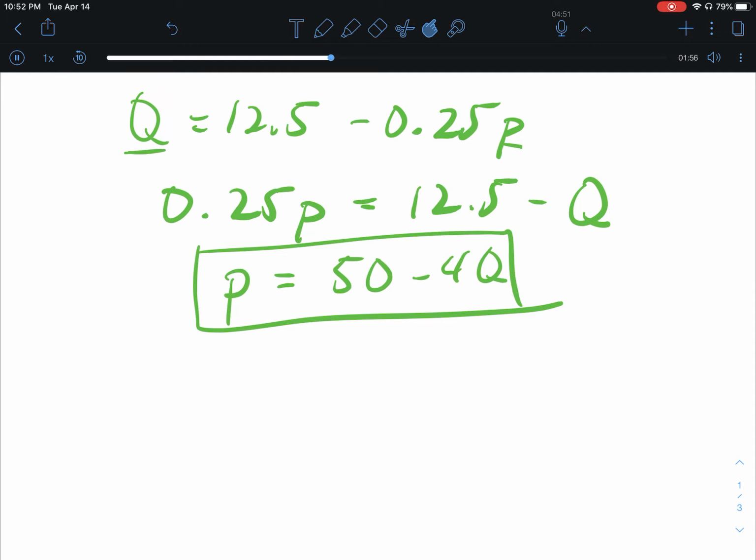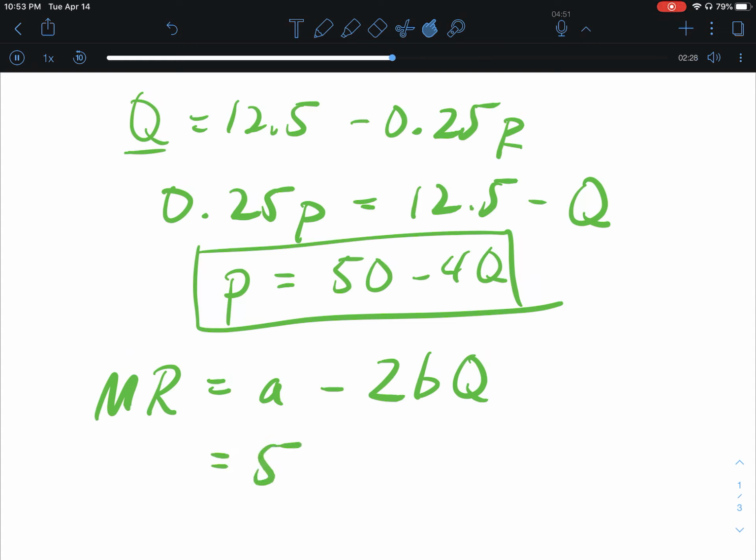The question was asking for us to solve for marginal revenue. If you remember in the 9.2 lecture notes, we talked about that equation for marginal revenue. Marginal revenue equals A minus 2BQ. I said in those lecture notes that we were going to just substitute in real numbers for A and B, and so that's exactly what we're going to do in this case.